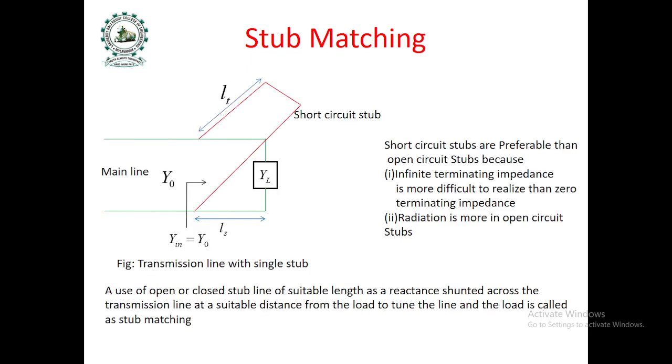The use of an open or closed stub line of suitable length as a reactance shunted across the transmission line at a suitable distance from the load to tune the line and load is called stub matching. So the stub is placed at a particular distance from the load and with a particular length, which is useful to match the load and the main line.